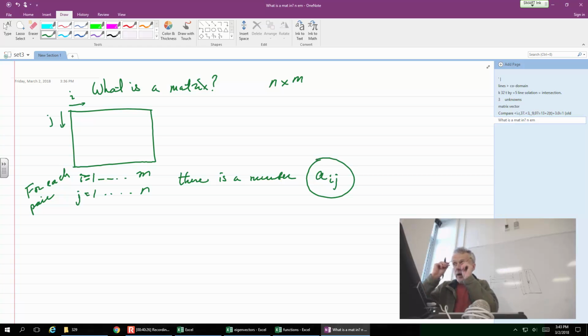Okay, so Aij is the number placed at the intersection of what? Ith row, no, ith column.